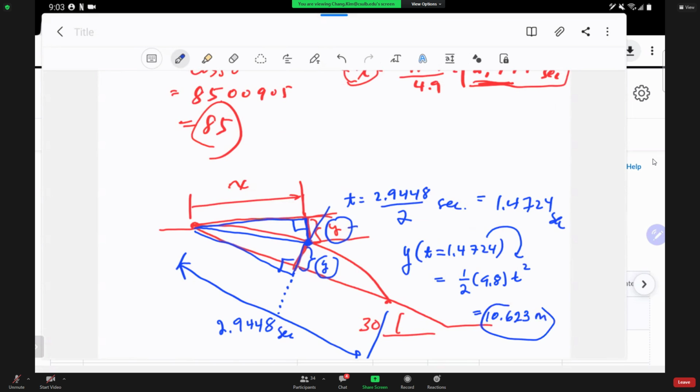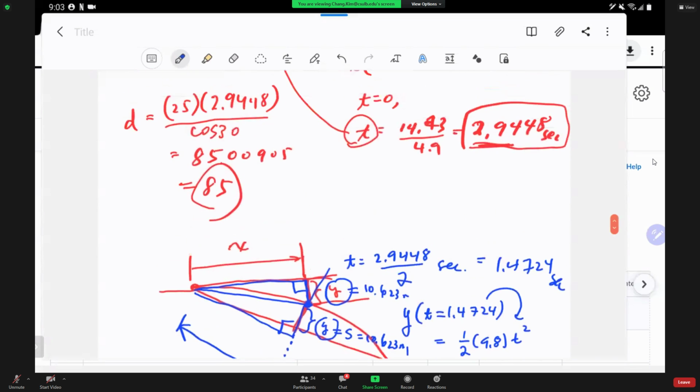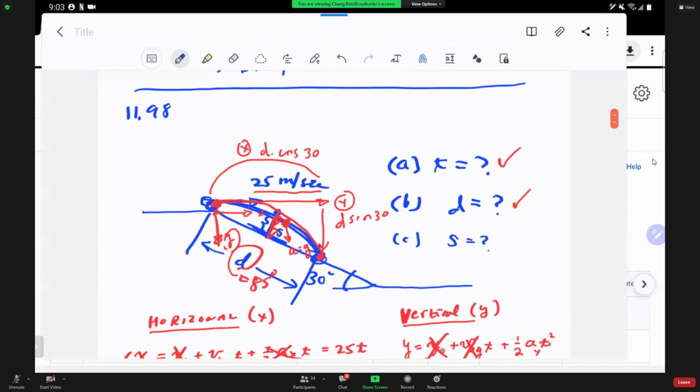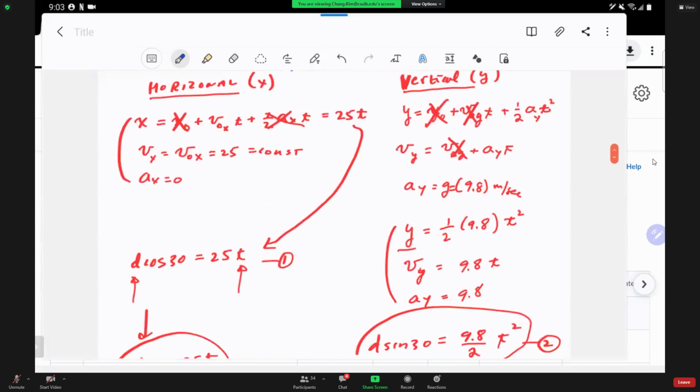So this distance is 10.623 meters, and this is S, which is 10.623 meters. Okay, so I believe those are the answers, and this is how you do that. Very good.